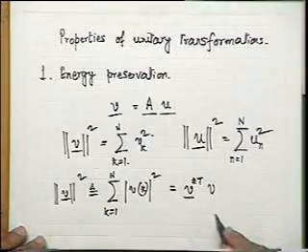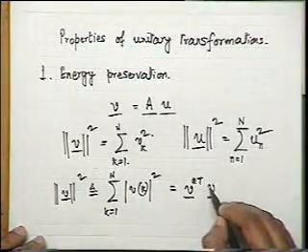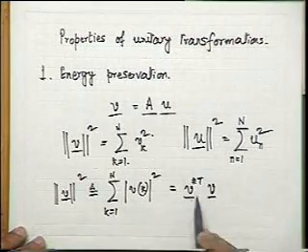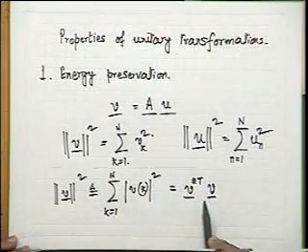That is to say, I can represent this as V star transpose, that is to say converting V into a row vector and conjugating each element, multiplied by the original column vector V. If I multiply, then I get a scalar.